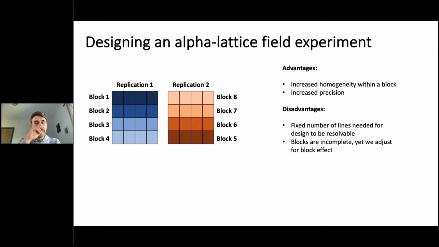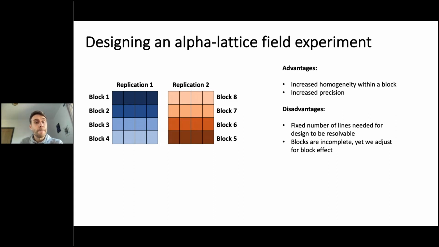And echoing what Tally already talked about, the main advantages of these designs are that you account for the block effect nested within your replicates. And because we have these blocks, we're afforded extra precision that is completely cost and risk free.